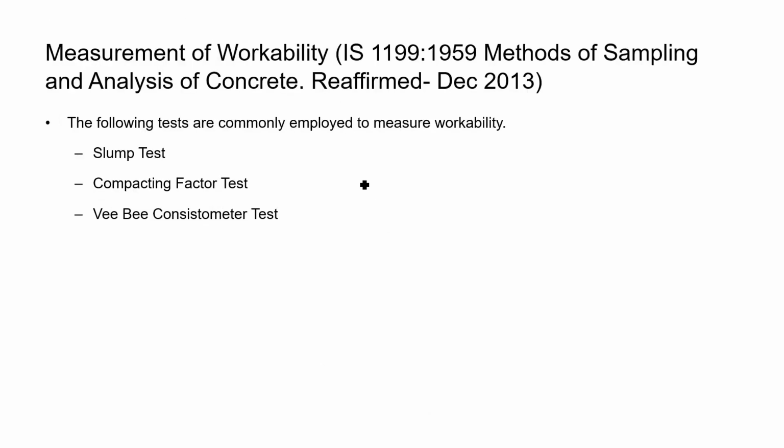So, Indian Standard Code IS 1199 deals with the measurement or test for the workability of concrete. So, in this question, slump test, compacting factor test, VV consistometer test are given. So, we will talk about these three tests. However, another test for workability is also mentioned in this code.